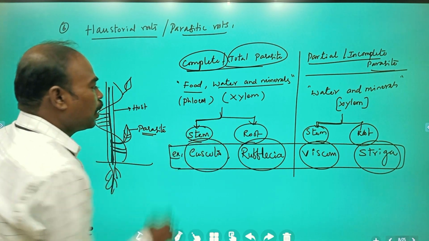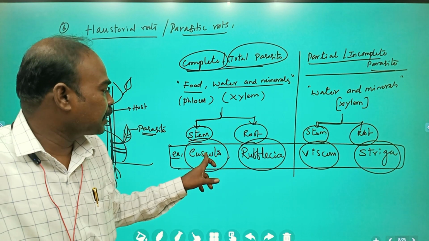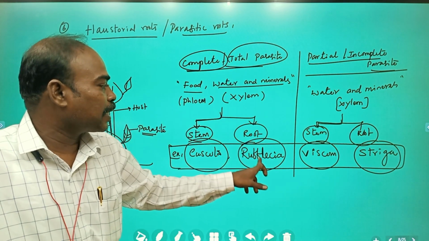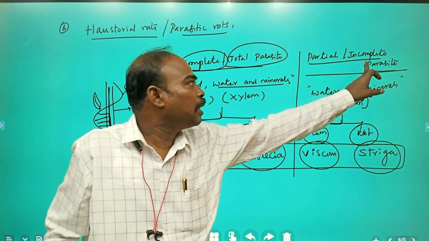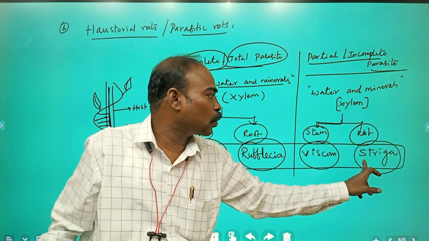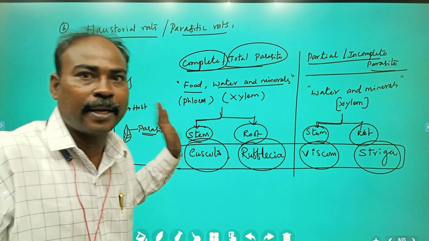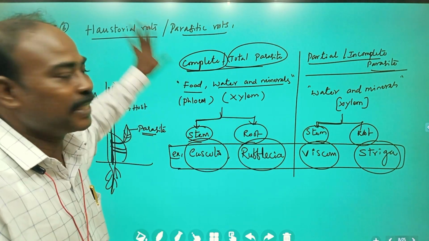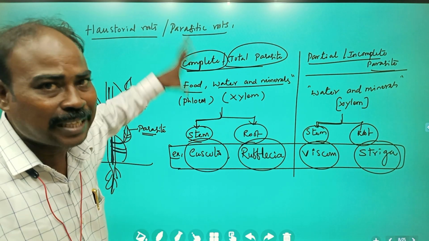You just note the examples: complete stem parasite, Cuscuta; complete root parasite, Rafflesia; partial or incomplete stem parasite, Viscum; partial or incomplete root parasite, Striga. Four examples, just to keep in mind and write down. That is enough for our NEET examination based on NCERT examples.